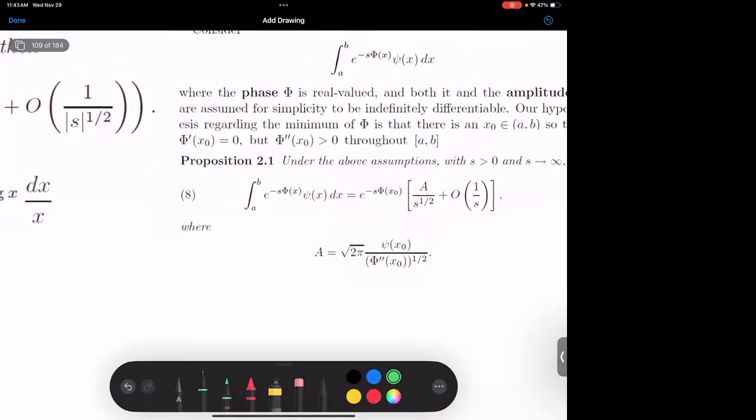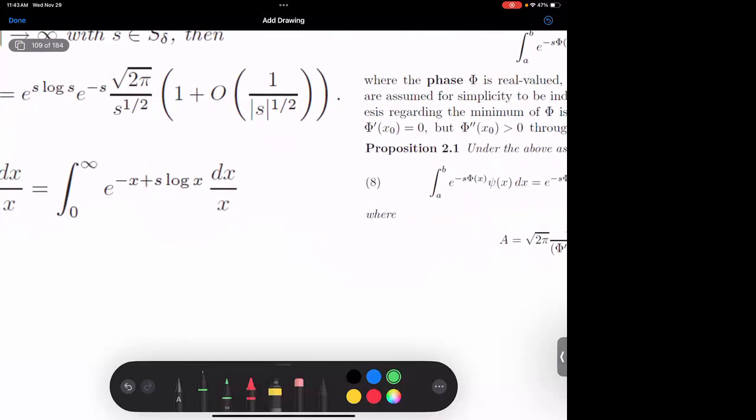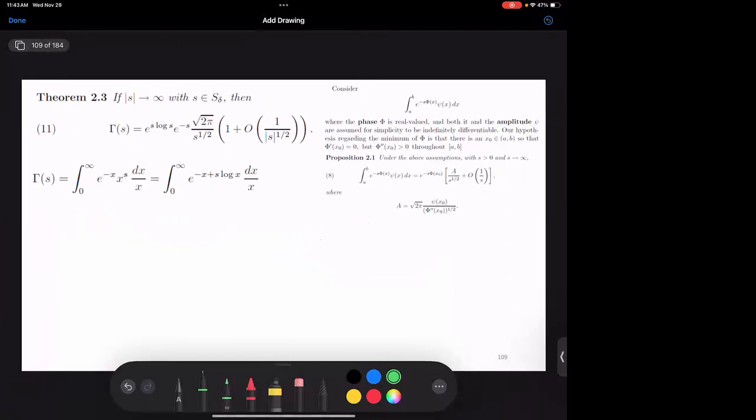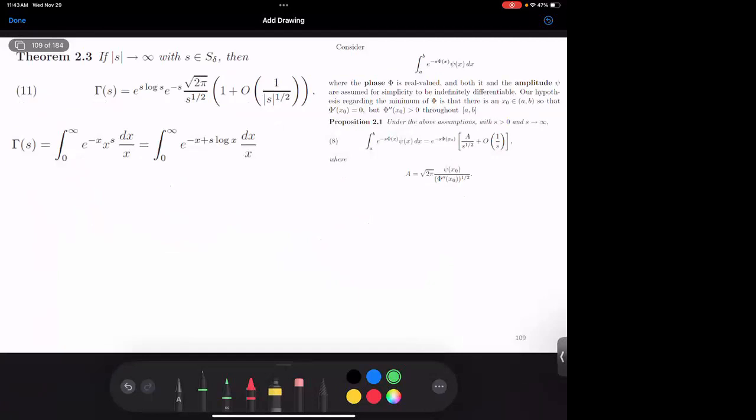So I'll zoom in a little. What is phi? We don't have any s dependence, right? I don't have e to the negative s times phi, I just have e to the negative x. So this suggests we need to do a change of variables.